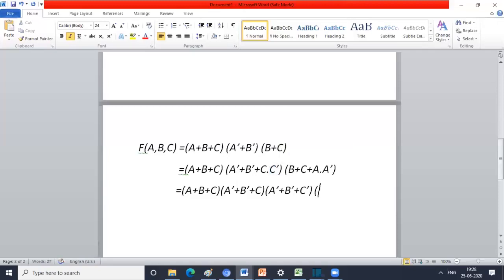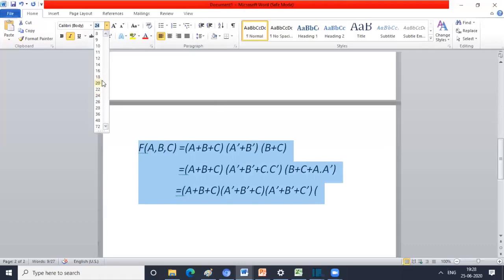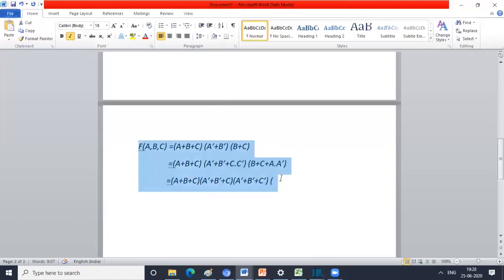Okay, second term over. Then the third term. Apply the distributive property on this third term. Before that, I will reduce the font. Now B plus C plus A. Bracket complete. Then the second bracket, again B plus C, so B plus C plus A. Already we have taken. Now we should take B plus C plus, yes, A bar. Bracket complete.